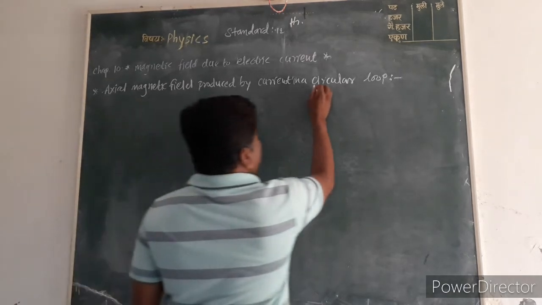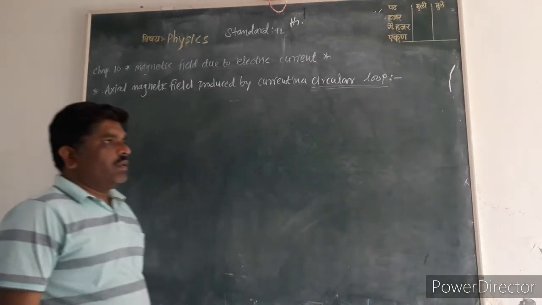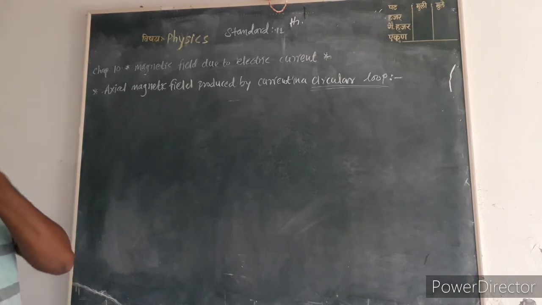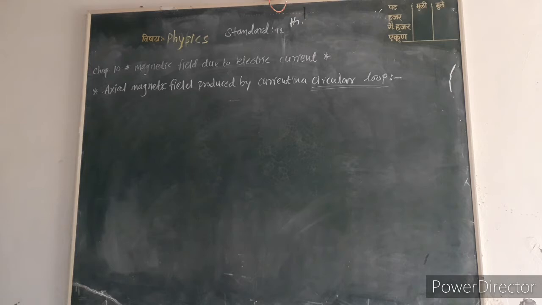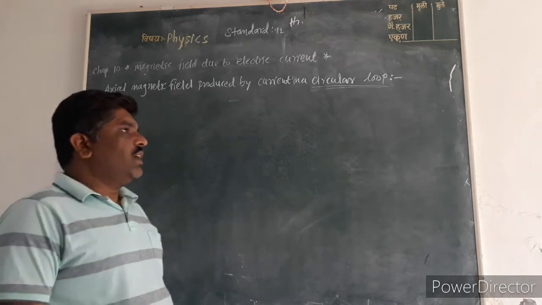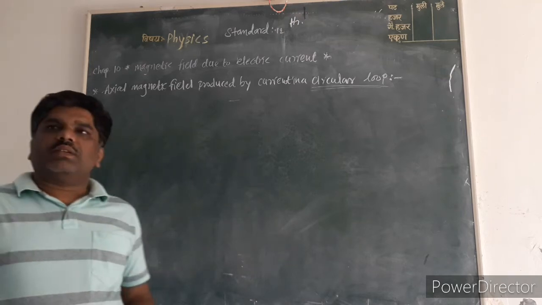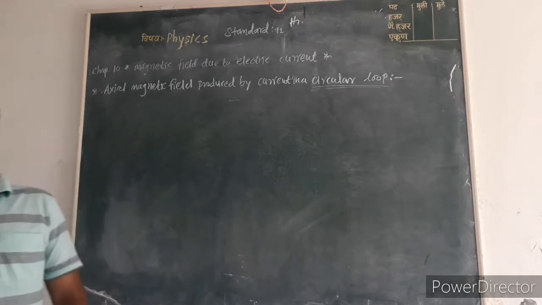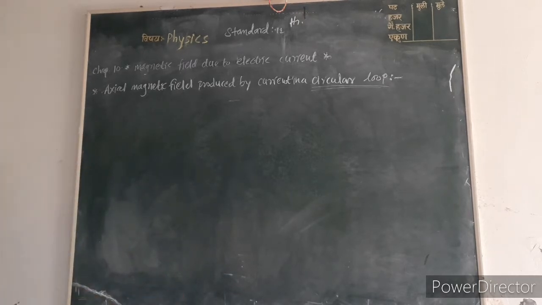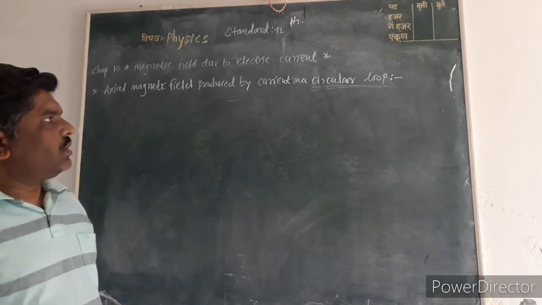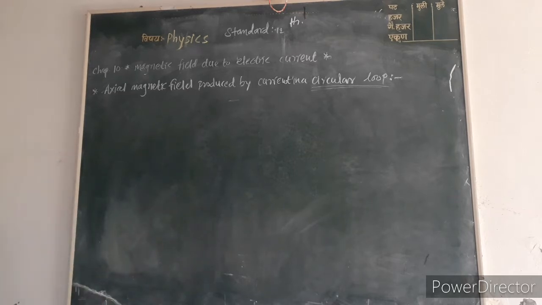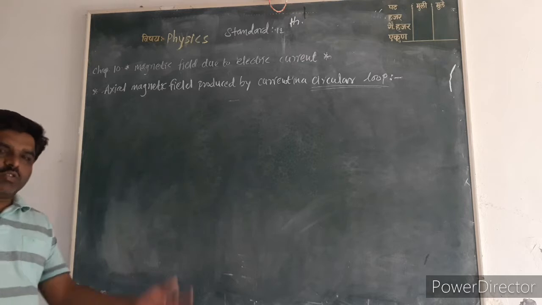We consider a circular loop in three dimensions, with the x-axis, y-axis and z-axis. Two of the axes, xy, xz or yz, form the plane of the circular loop, and one axis, suppose the z-axis, is perpendicular to that plane.